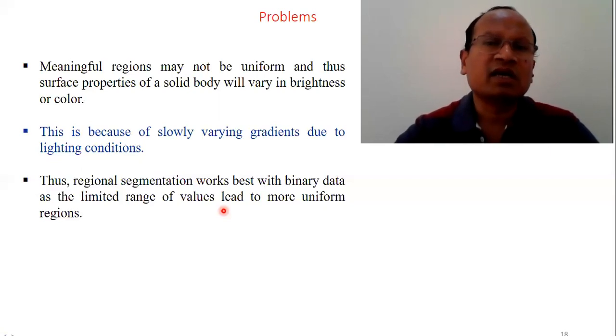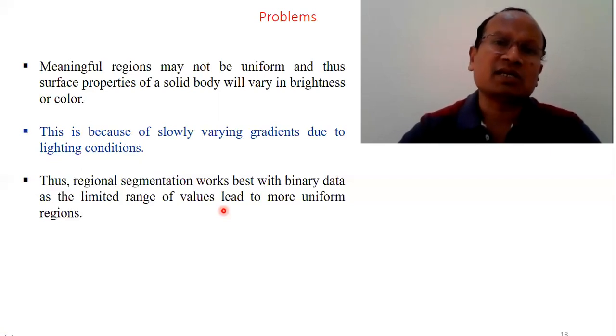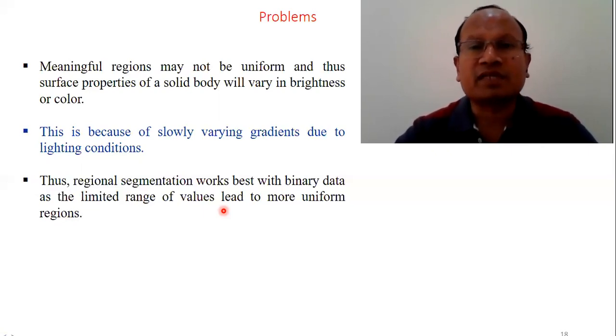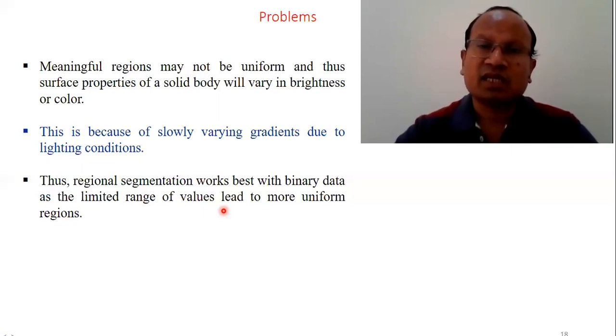So let's summarize this lecture. This lecture is about the split and merge type of image segmentation method. Split and merge is a type of segmentation method under region-based methods. In region-based methods, we check neighboring regions and determine similarity.